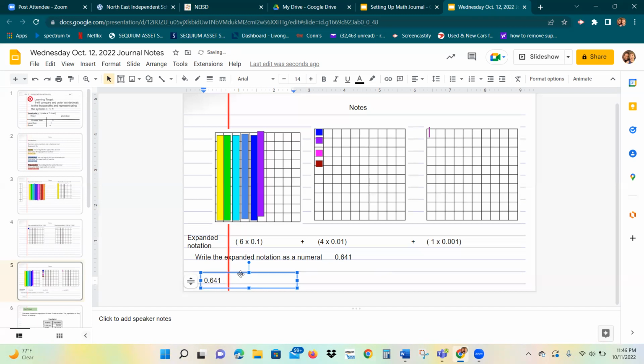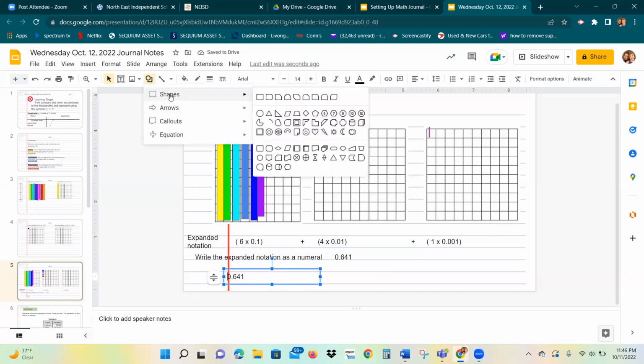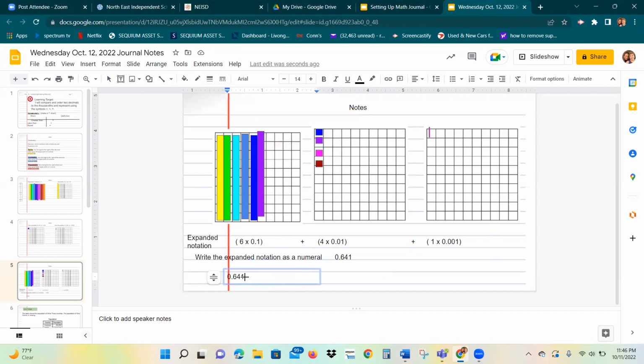And I wanted to compare it to, and I'm just going to put an empty box here. No shading.